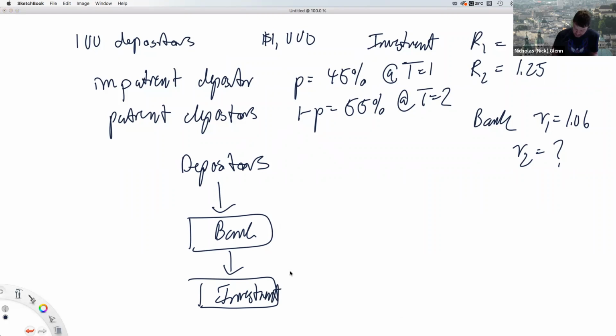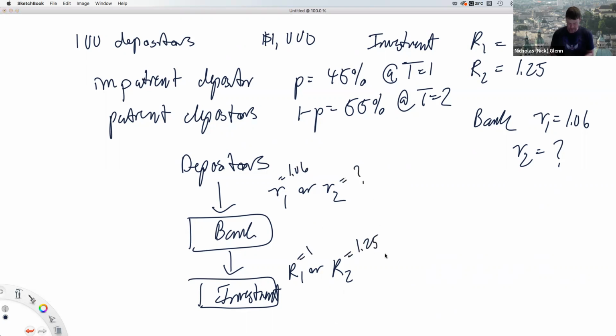What does the bank get? Well, it either gets R1 or R2. What does the depositor get? Well, he gets small r1 or small r2. We don't know the r2 yet, but if the depositor withdraws early, he'll get a return of 1.06. The bank won't get anything from this. The bank will get 1.25 from that. And so this is what we need to solve here.